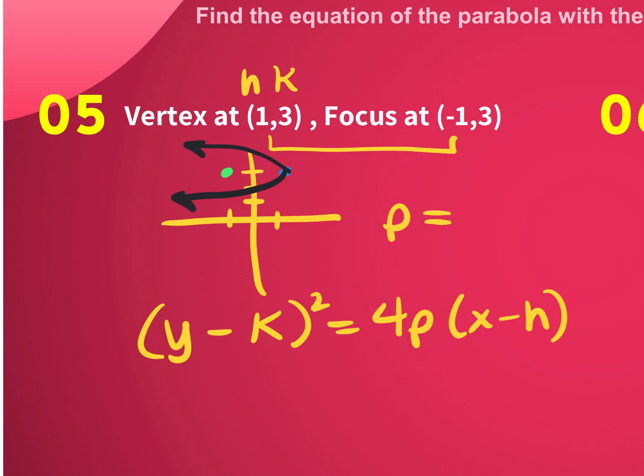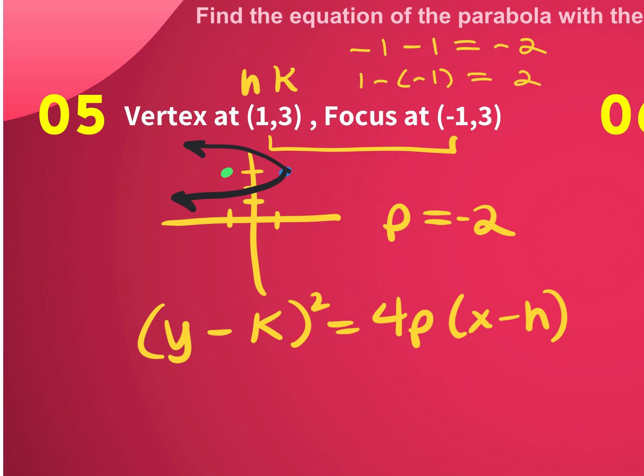So my p-value has a distance of 2, but because it's the backwards C, my p-value is -2. So you could either subtract, you could do -1 minus 1 and get -2. If you were to do 1 minus -1, you would get +2.